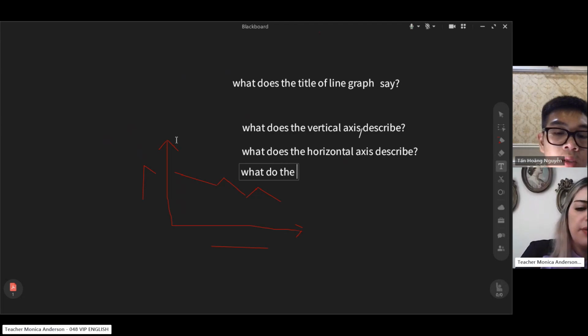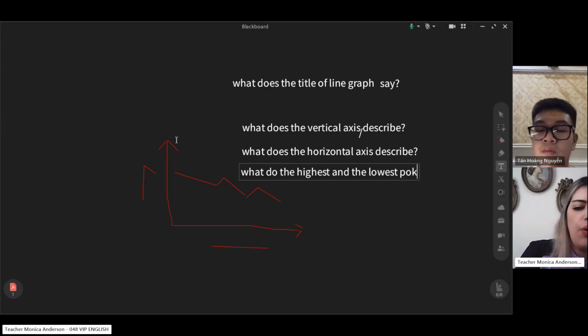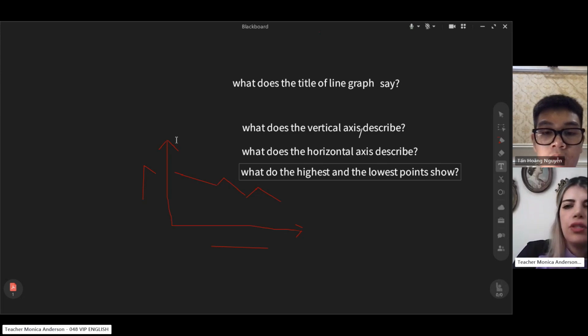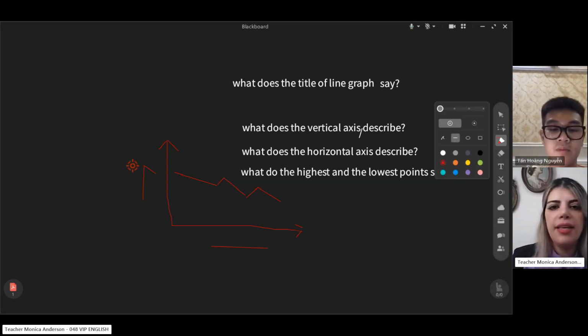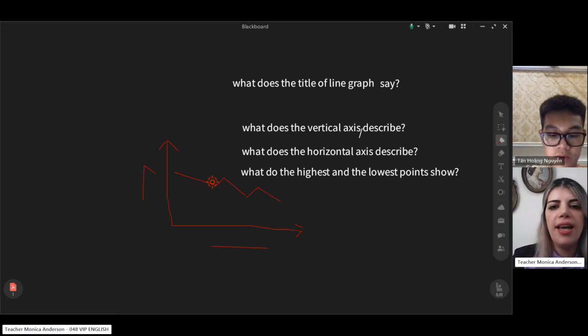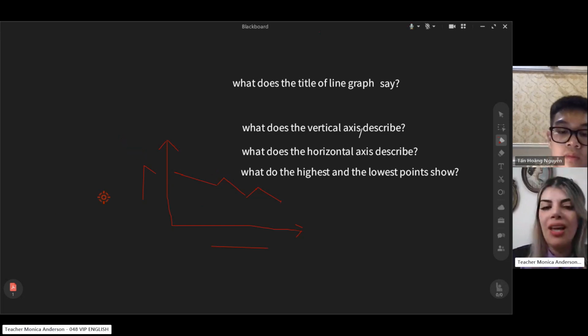What do the highest and the lowest points show? For example, this one is the highest and this one is the lowest. So I only need to mention these two, not details, not other points.